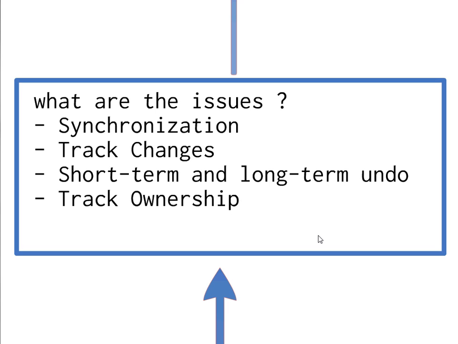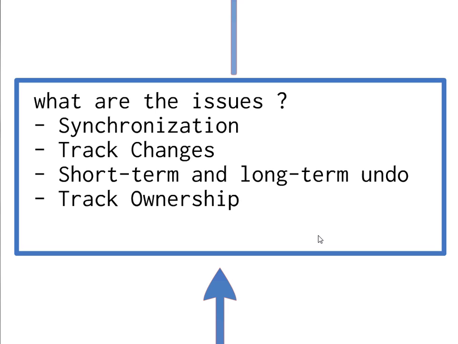You won't like to do that. You want some sort of automation. And suppose you are copying and pasting, someone might have changed some other file while you are copying. So synchronization of files between team members is a major issue.